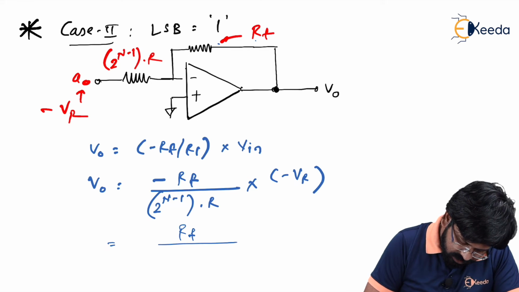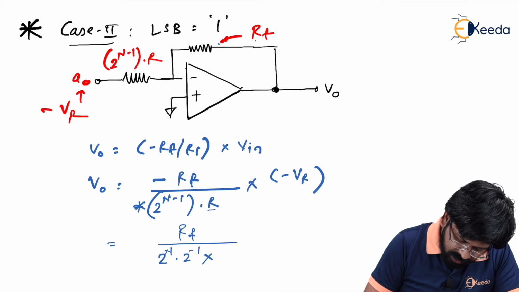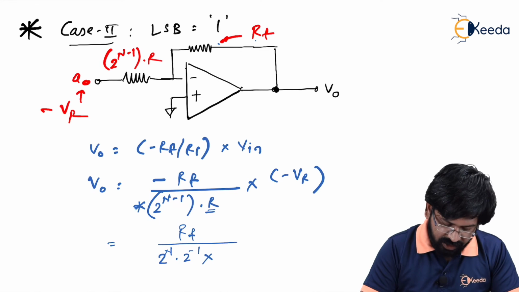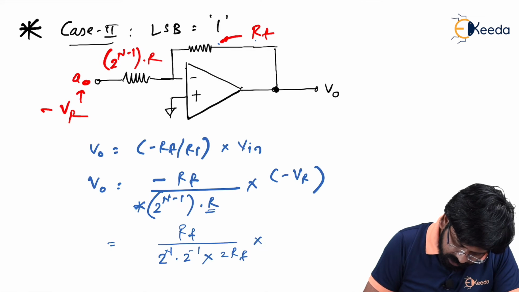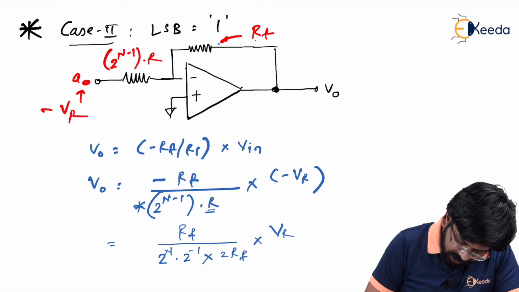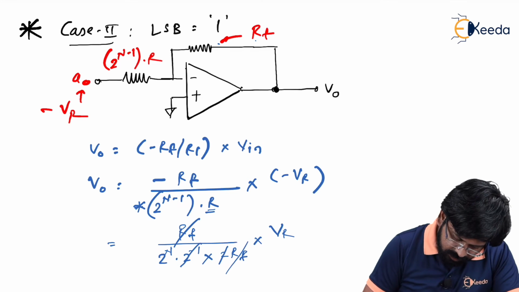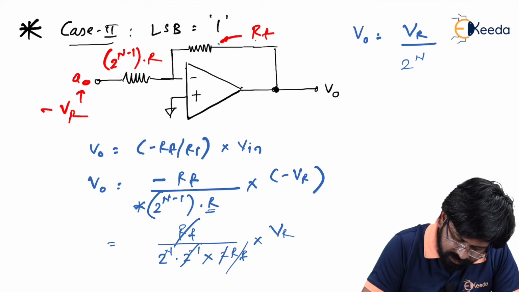So I'm just writing this 2 raised to n minus 1 term like this: 2 raised to n times 2 to the power minus 1 multiplied by R, which can be replaced with twice of Rf, because we have already studied while learning this that R is always twice of Rf. Twice of Rf multiplied by Vr. Here as you can see, Rf will get cancelled, 2 to the power minus 1 and 2 will get cancelled. So what is remaining is V0 is equal to Vr divided by 2 to the power n.